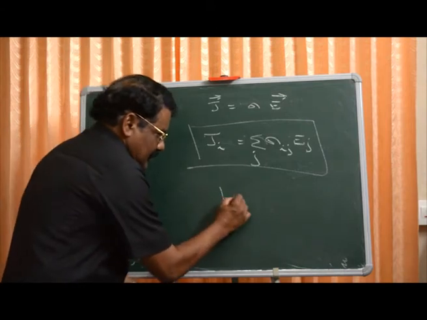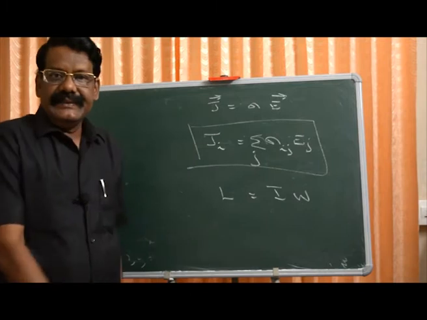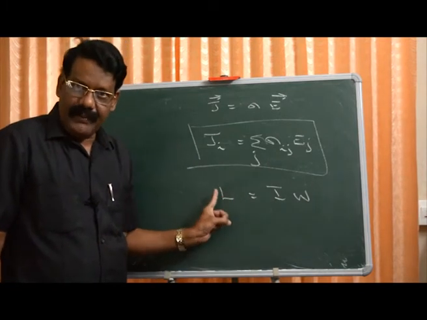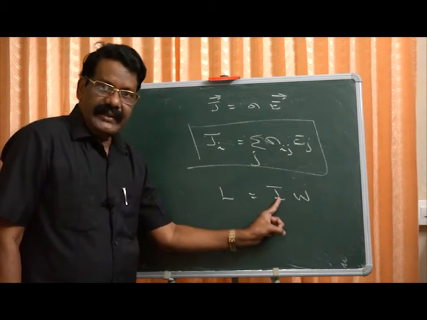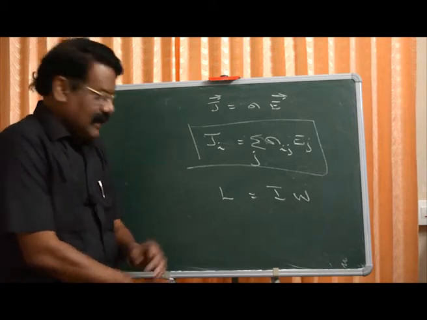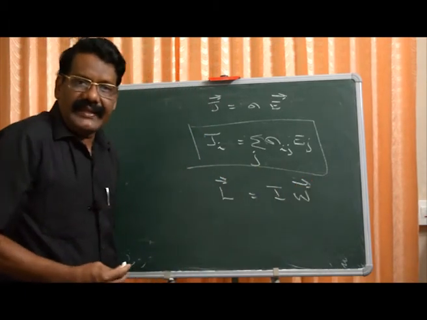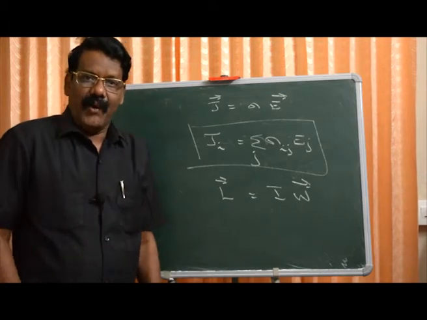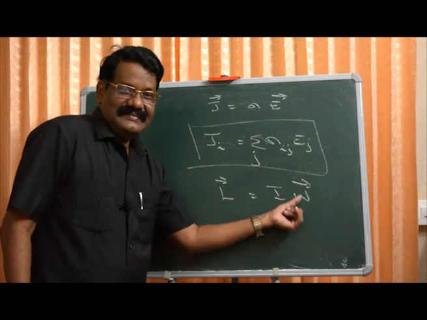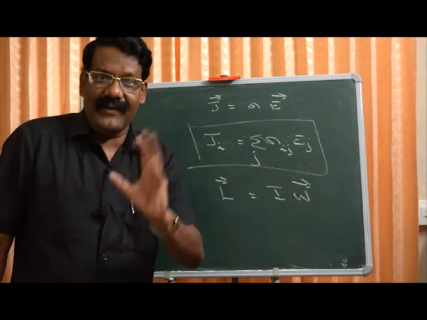Suppose I have a very famous example at the plus-2 level. L is equal to I omega. L is the angular momentum, I is the moment of inertia, and omega is the angular velocity. Correct? If L and omega are acting along the same direction, obviously we can say I is a scalar. So moment of inertia is a scalar quantity.